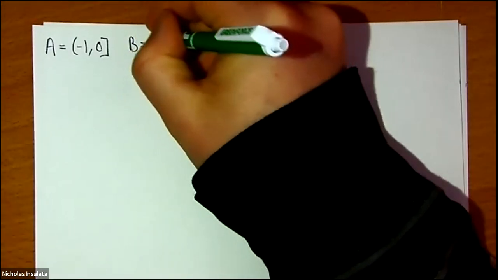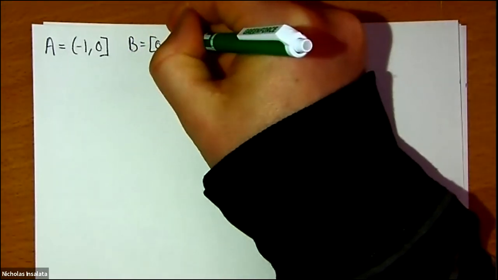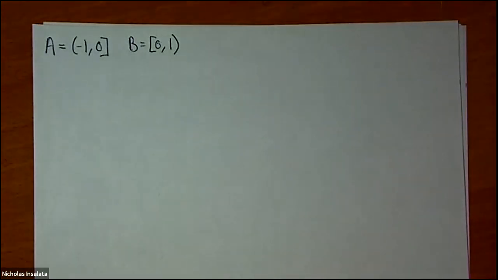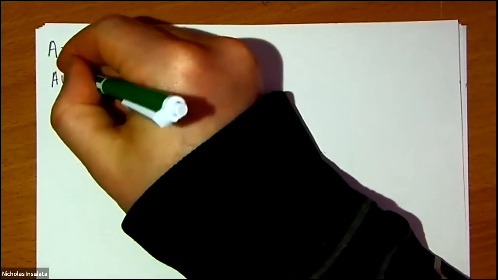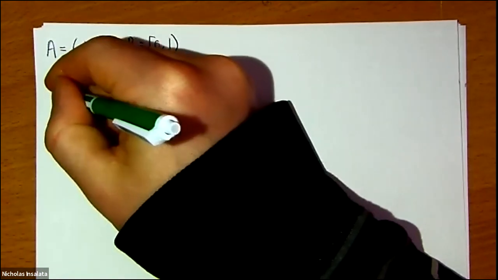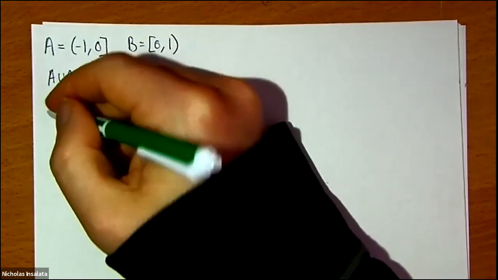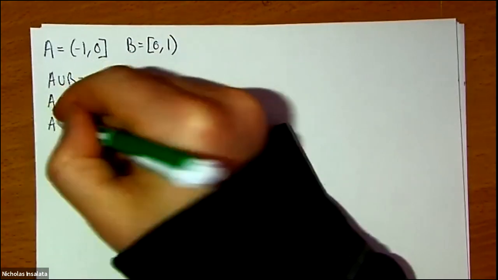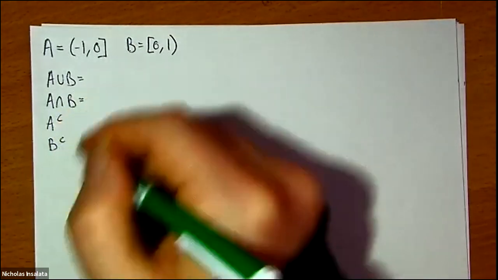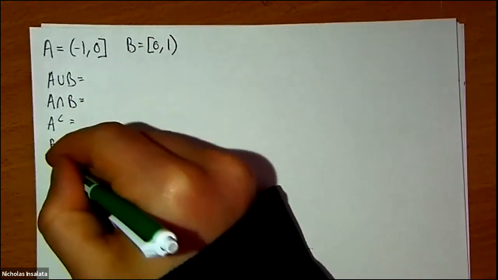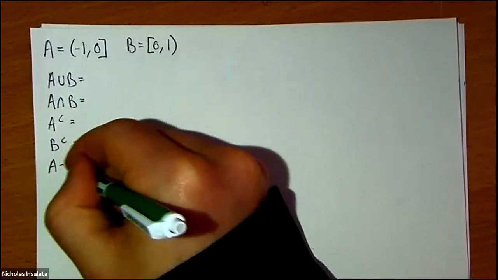B is the mixed interval from 0 to 1. And I want to find A union B, A intersect B, A complement, B complement, and A minus B.